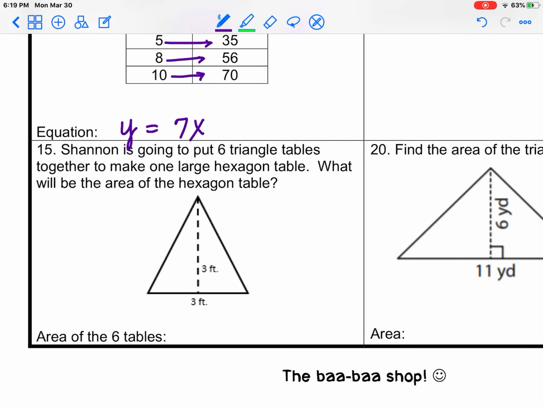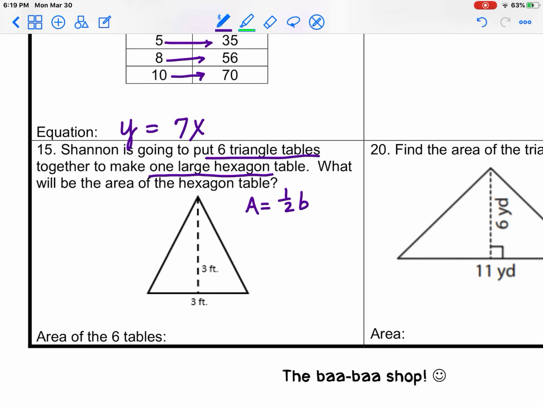Now, the next question is a little tricky because you have to read carefully. It says Shannon is going to put 6 triangle tables together to make one large hexagon table. What will be the area of the hexagon table? Well, before we can do that, we need to find the area of one of those triangles, right?